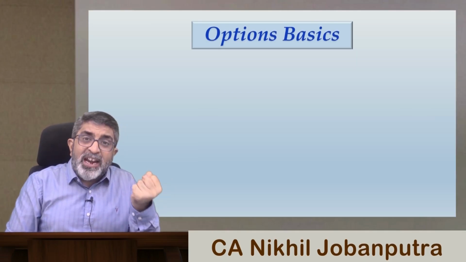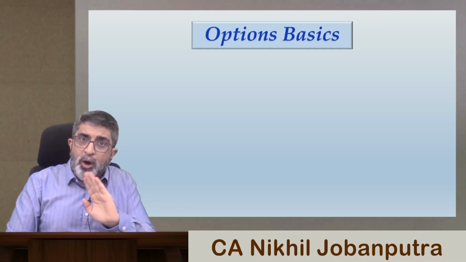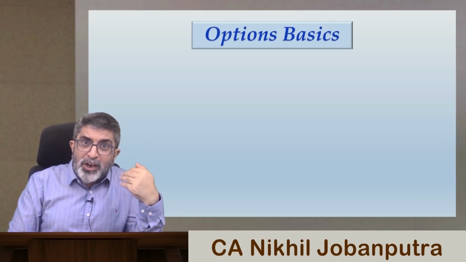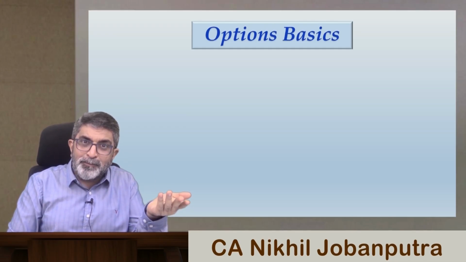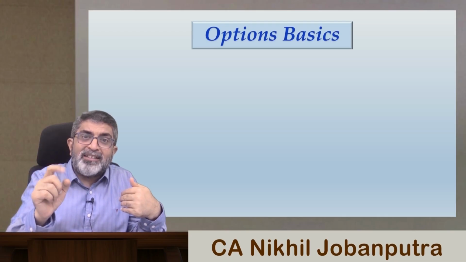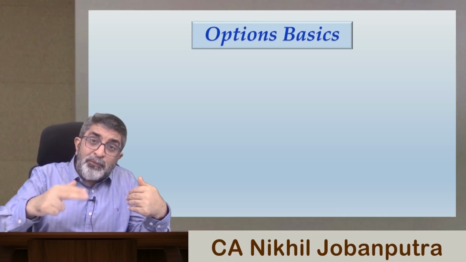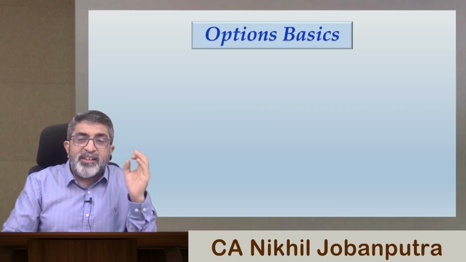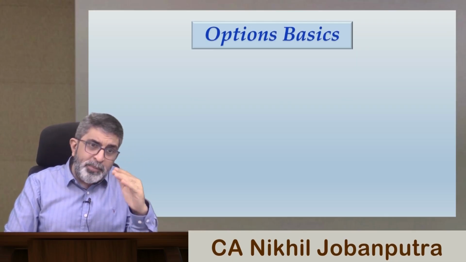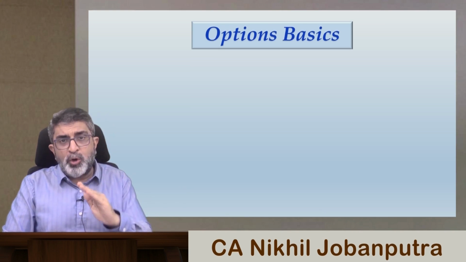The choice held by the option holder is a right, not an obligation, but it could be a right to buy or it could be a right to sell. If it is a right to buy, it is known as a call option. If it is a right to sell, it is known as a put option. So options could be either call options or put options.